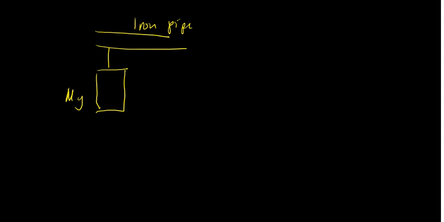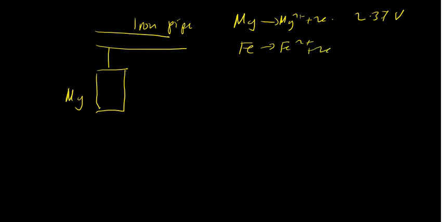The cell potentials we are talking about are magnesium going into magnesium 2 plus and 2 electrons, which is positive 2.37 volts, and then iron going into iron 2 plus and 2 electrons, the cell potential is 0.44 volts. This is a wire that is connecting the iron and the magnesium.